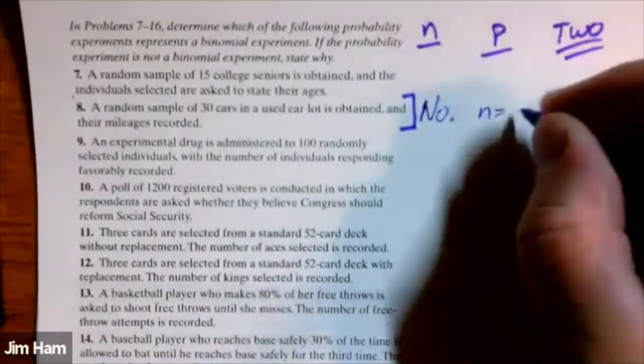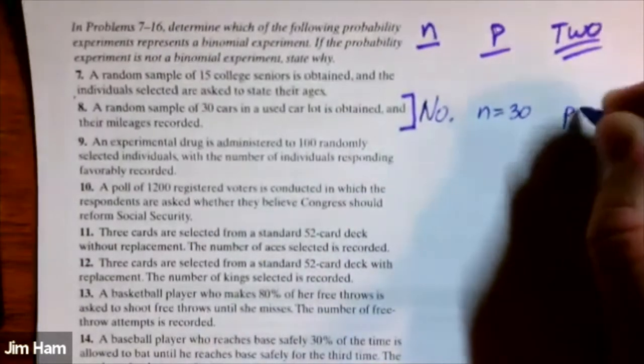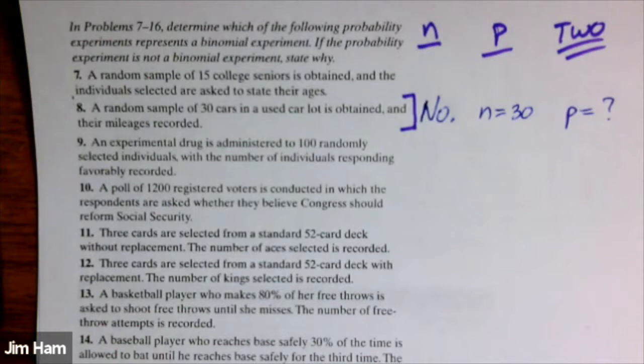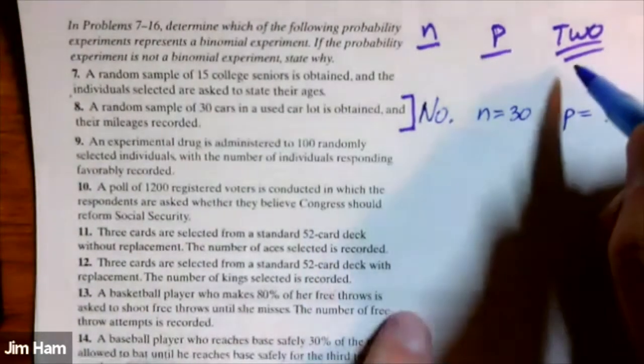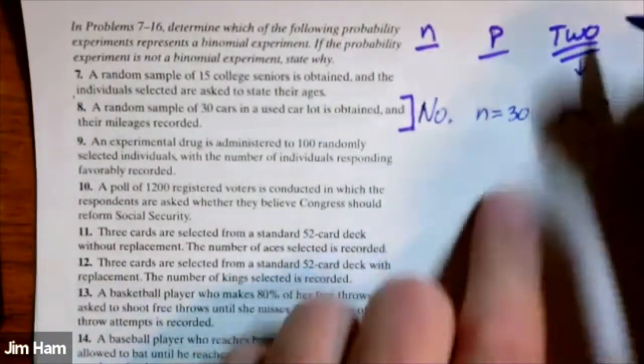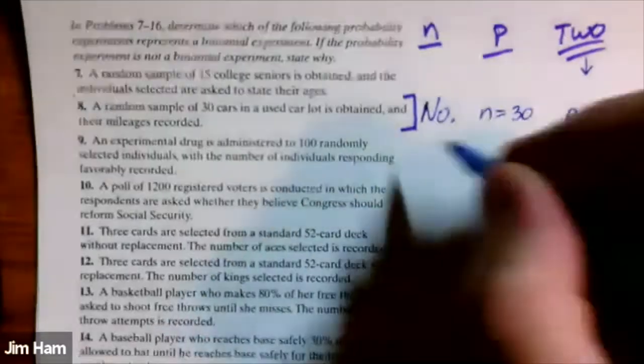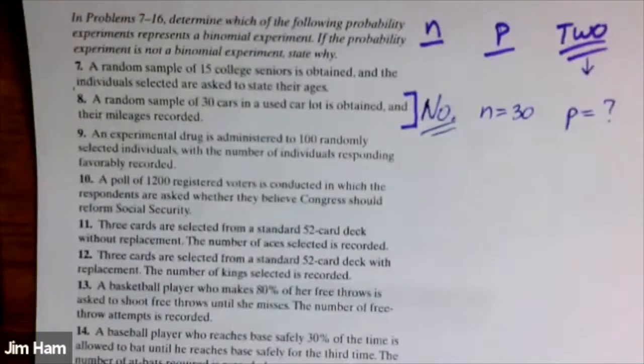We do know that n is equal to 30, but we don't know what the probability of a success is. The other thing that fails is that there are more than just 2 outcomes, because a car can have 100,000 miles or 200,000 miles or 150 or 30, all kinds of numbers. There's not just 2 possible outcomes. So we would say that this one is not in the binomial setting.